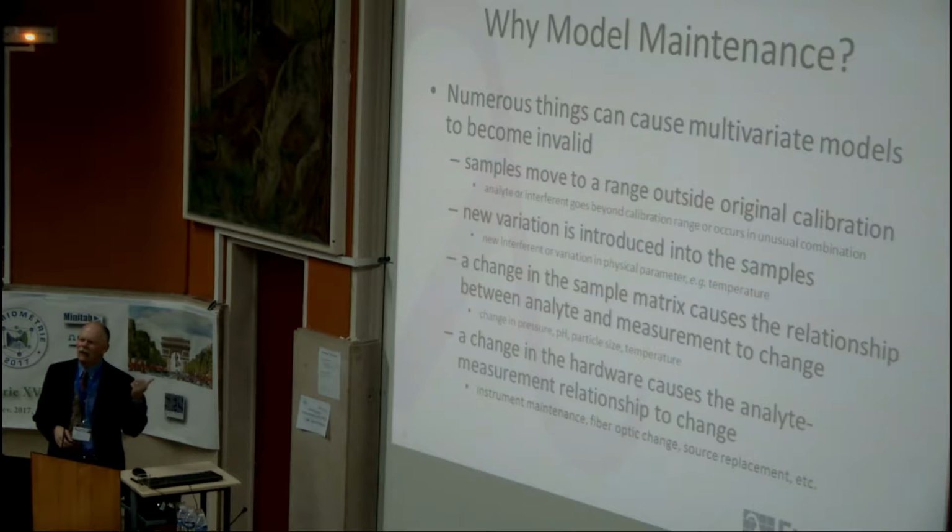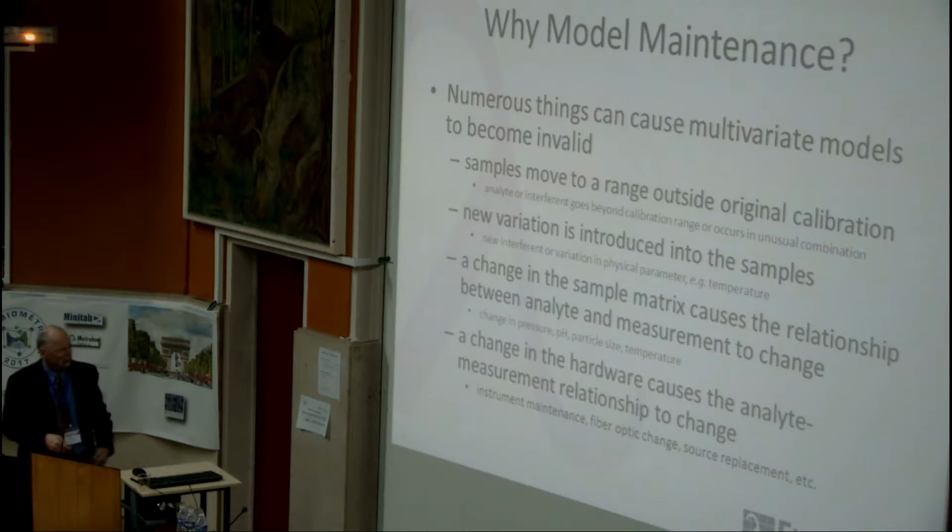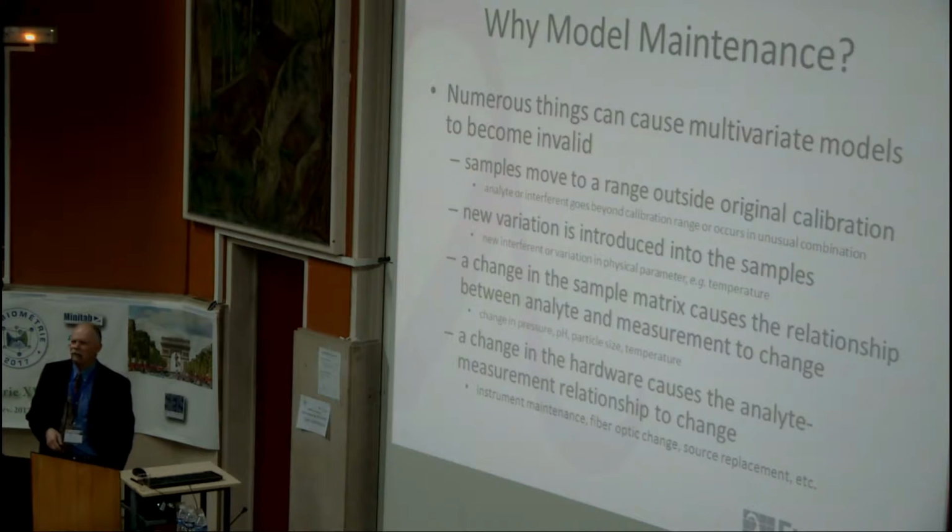This one always seemed a little wishy-washy to me, but I've been dealing with optical emission spectroscopy lately, and it seems to happen there across different instruments. A change in the hardware causes the analyte measurement relationship to change. So when you do instrument maintenance, change the fiber optic, change the source, any number of things like that.